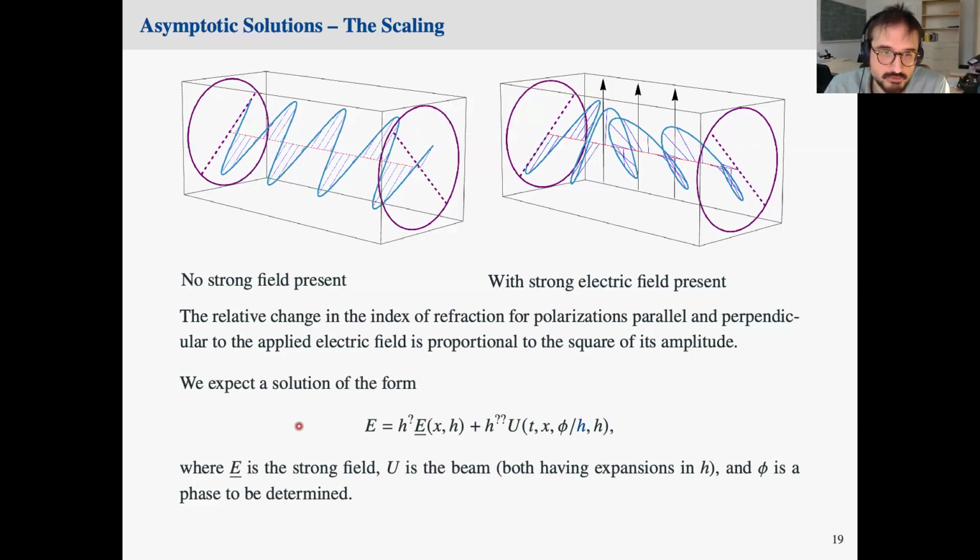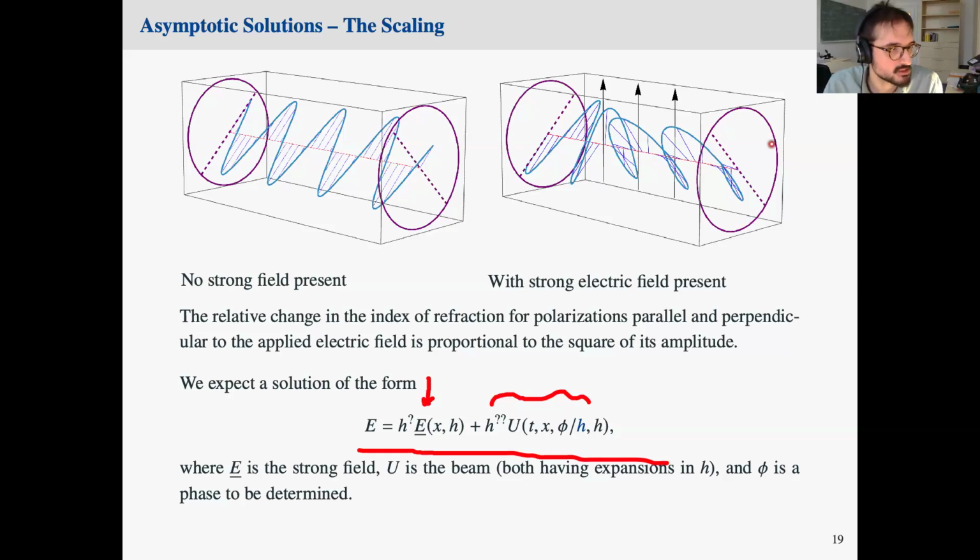And so we expect to have a solution of this form that I mentioned before. So we should have a strong electric field, which we don't expect to be oscillatory. And then we have the beam. So here we can think of E as being the vertical arrows, and then U is the solution that comes here.